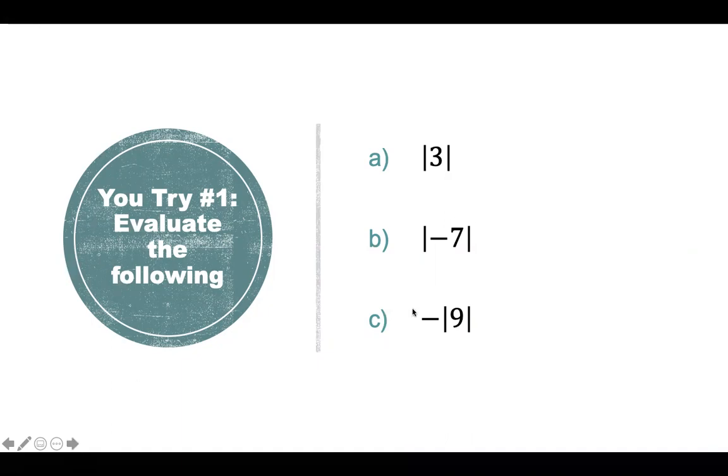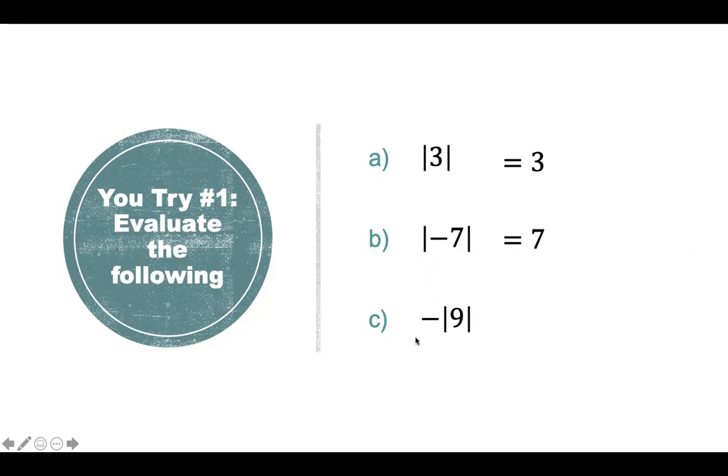All right, so for A, we have the absolute value of 3. The distance from 0 to 3 is 3. The absolute value of -7, the distance from 0 to -7 is 7. And on C, this one is very different because if you notice, we have the negative sign on the outside of the absolute value instead of on the inside.